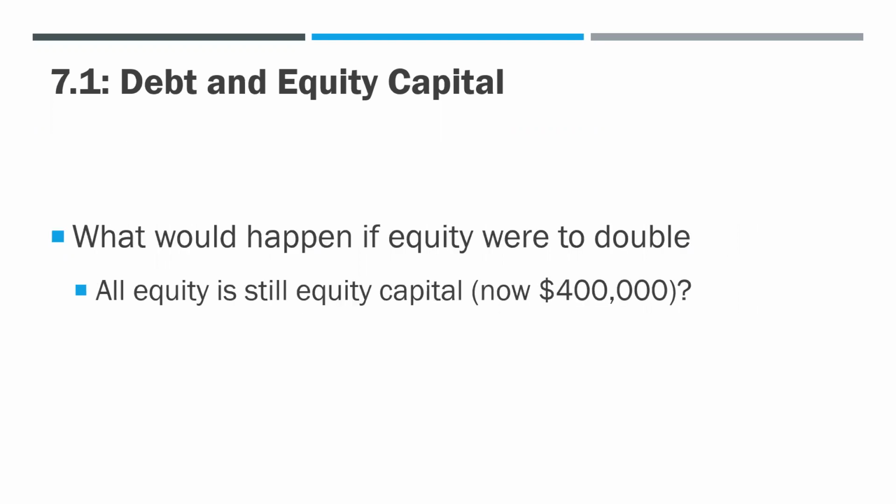So what would happen if the equity were to double and if all that equity were still equity capital, which is now 400,000, still no borrowing? Basically, all of our numbers are going to double, except for our return on equity percentage.